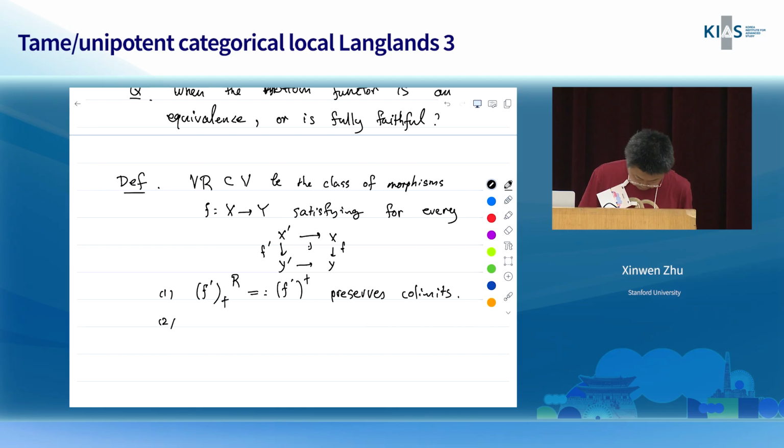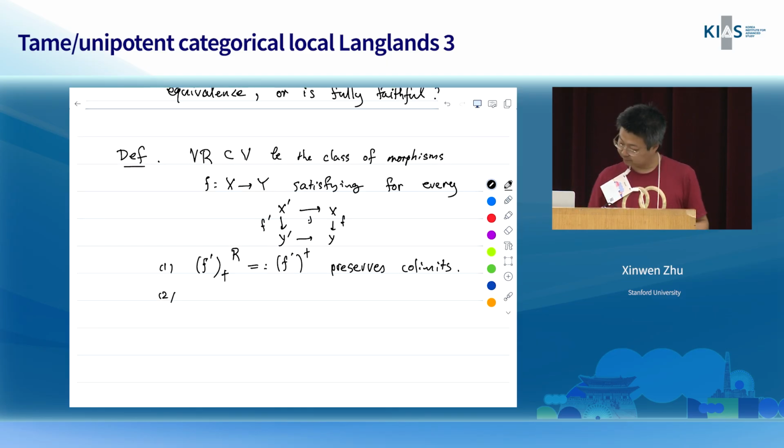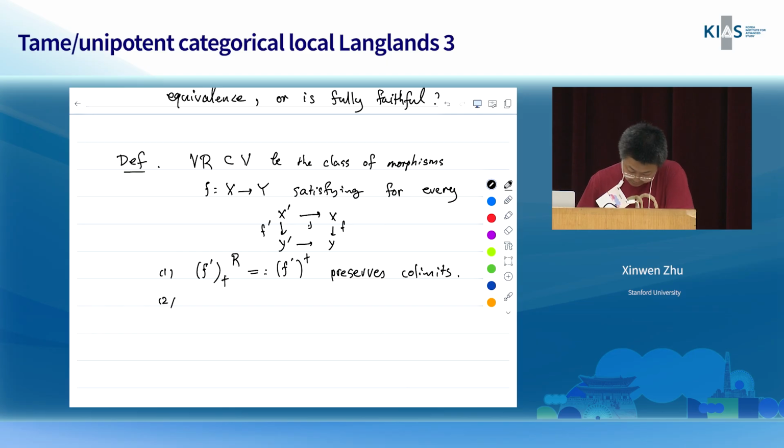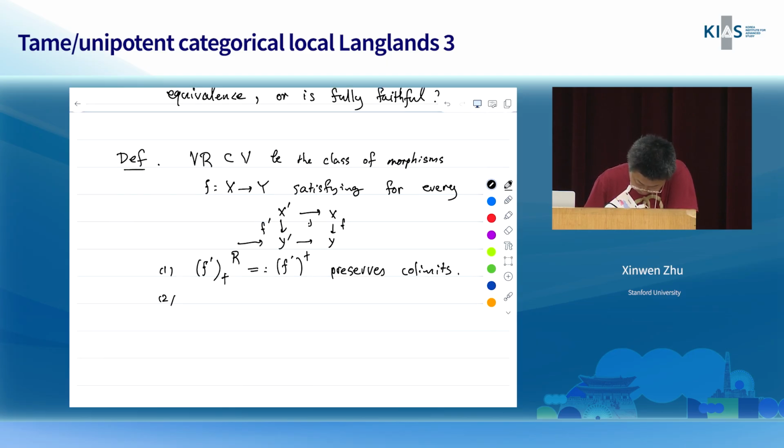Two, once this is true, for every such diagram I can consider another one, called G, Y prime, X no prime, this is G prime, this is F double prime.